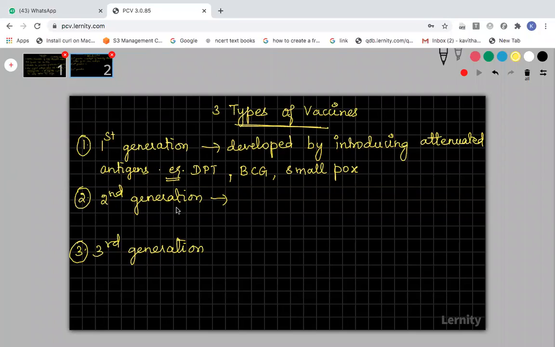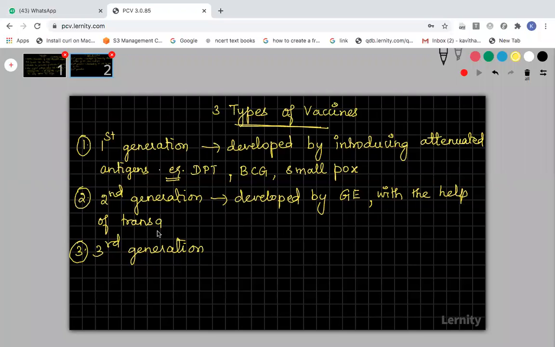In the second generation, the vaccines are developed by some advanced technology. What is that advanced technology? It is genetic engineering. Biotechnology came into existence, and then we started developing vaccines by the genetic engineering method, with the help of transgenic organisms.